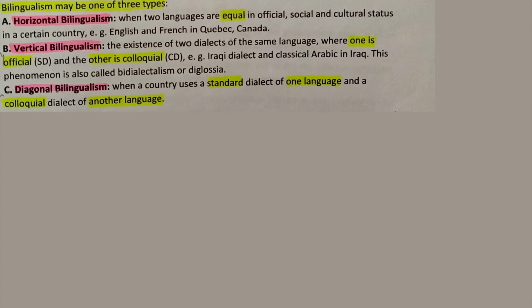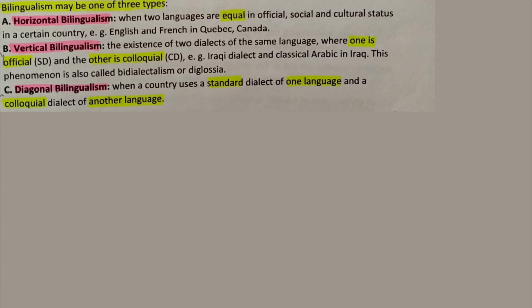It is when a country uses a standard dialect of one language and a colloquial dialect of another language. You see, vertical bilingualism is the existence of two dialects of the same language. For instance, classical Arabic and the Algerian dialect are from the same language. Classical Arabic gave birth, so to speak, to the Algerian dialect.